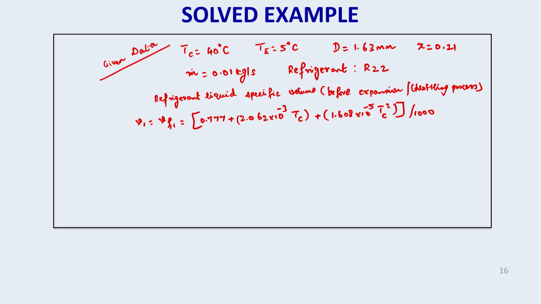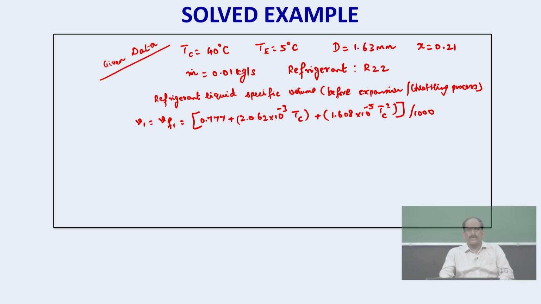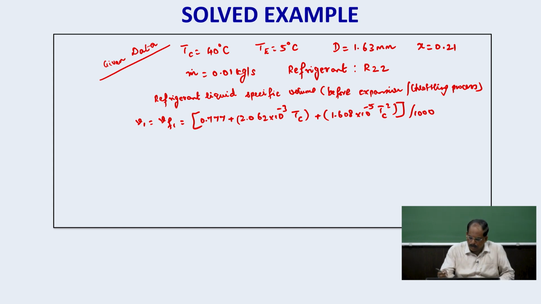So this is the empirical relation which we have taken from the literature. It is applicable for the refrigerant R22.